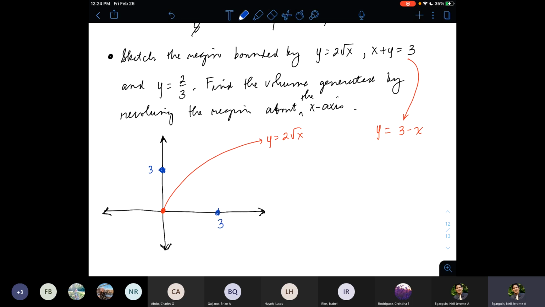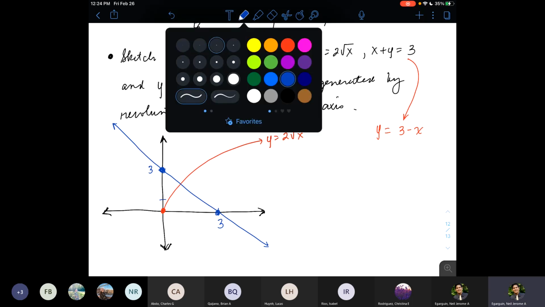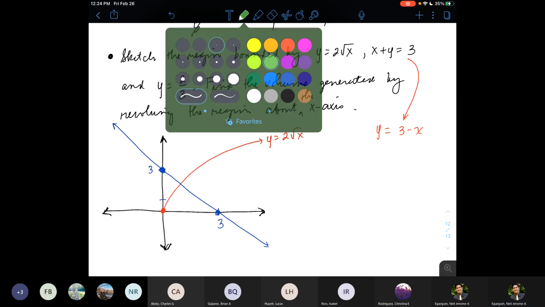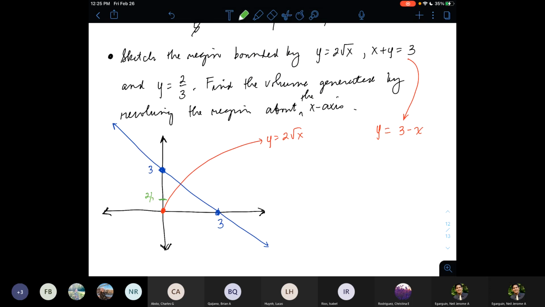That's a line. And then we have another one, y equals 2/3. So y equals 2/3 should be somewhere here. Let me use a different color here. So the region bounded by the 3 graphs would be this.